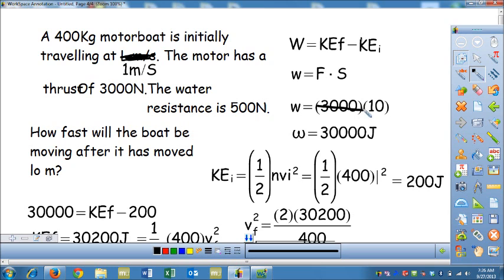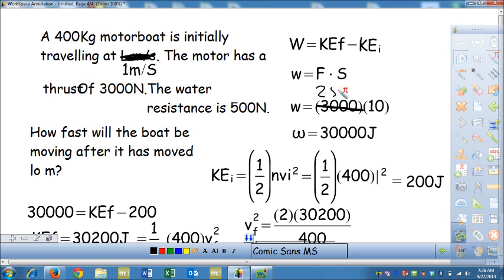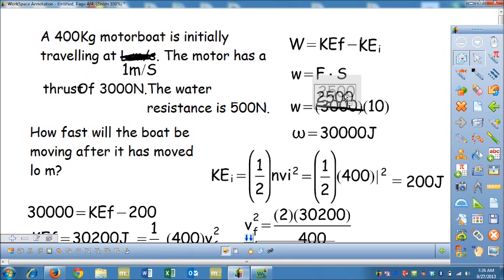No, I'll go back. I'll fix my mistake. Okay, so this here should be 2,500. That means that this one here should be 2,500 plus one more zero because we multiplied by 10.